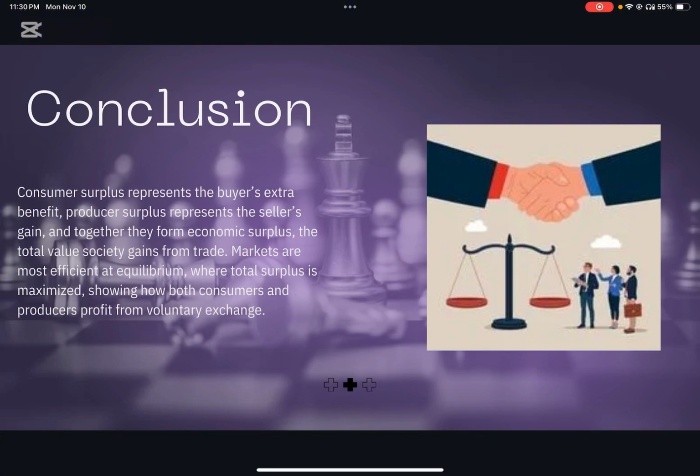Conclusion. To wrap it up, consumer surplus shows the value buyers gain when they pay less than they're willing to pay. Producer surplus shows what sellers gain when they sell for more than it costs them to make. Economic surplus is the total benefit from both sides when the market is at equilibrium.